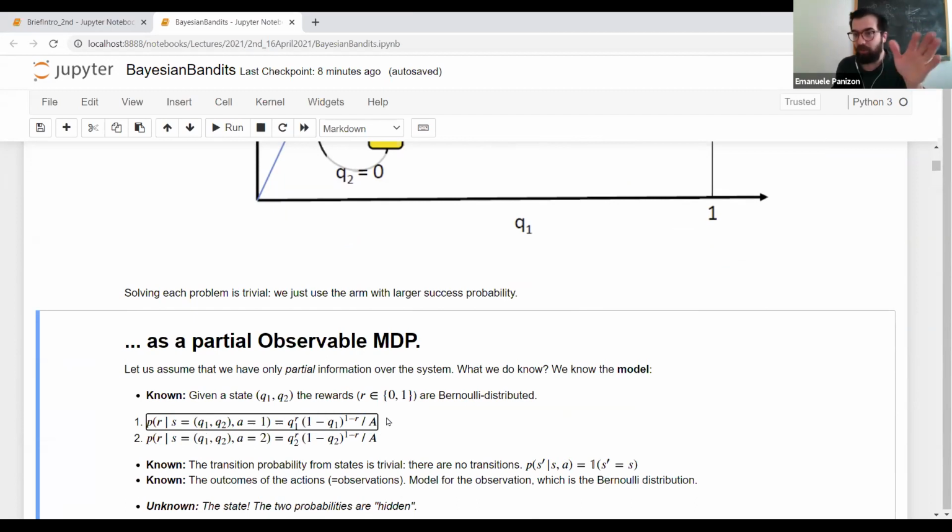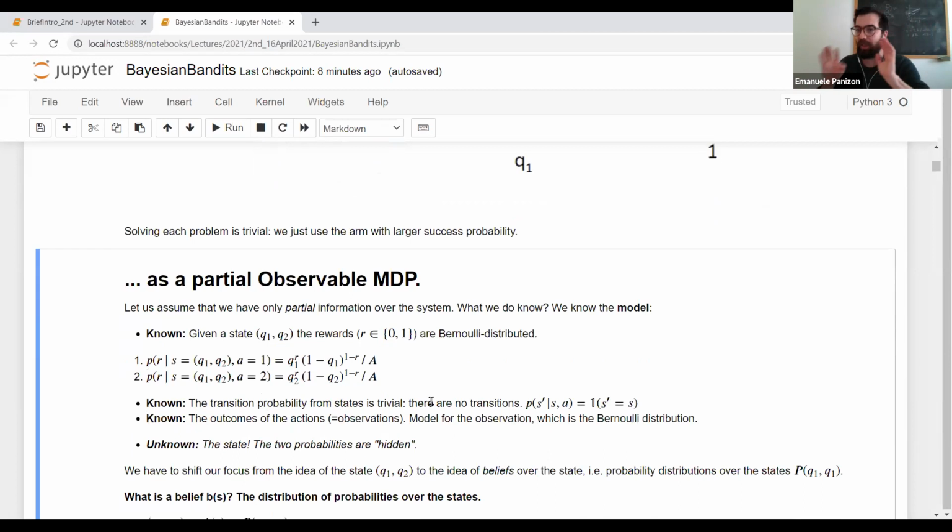A is just a normalization, forget about it. It's important because we will see many times I have Q1 to the R, 1 minus Q1 to the 1 minus R. So if it's a success, R goes to 1, and it's Q1. And if it's a fail, it's 1 minus Q1, as we said. It's exactly the same for the second coin. So this is a known fact.